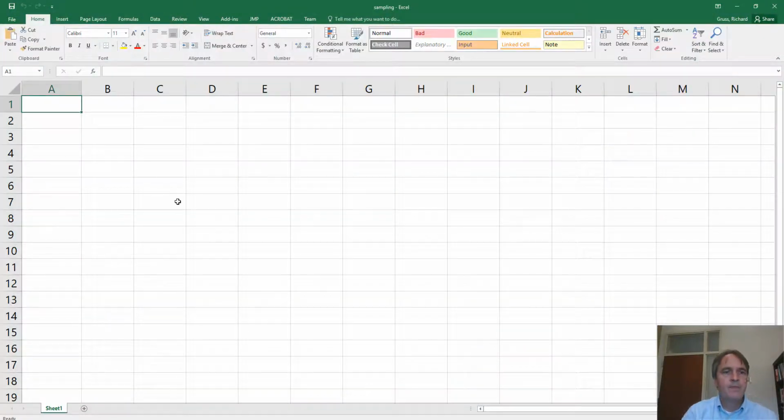Okay, let's say we wanted to flip a coin, or let's roll a die. Okay, so we're going to roll a die, and we're going to roll it 6 times. Now we don't have to do this physically because we can have Excel do it for us. So I'm going to take several samples, each of which contains 6 rolls of a die.